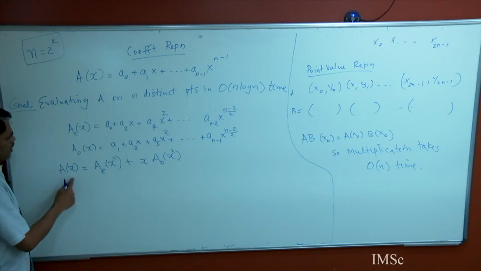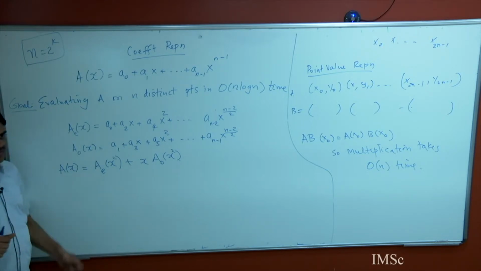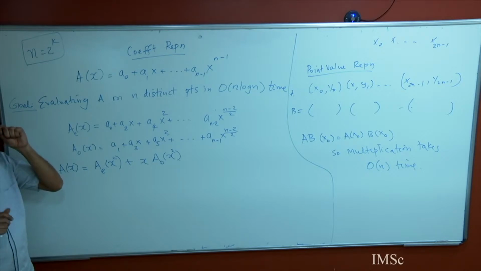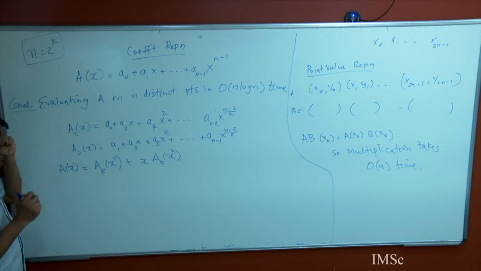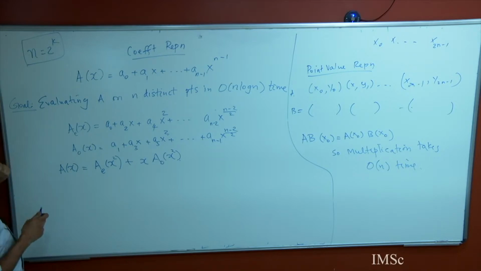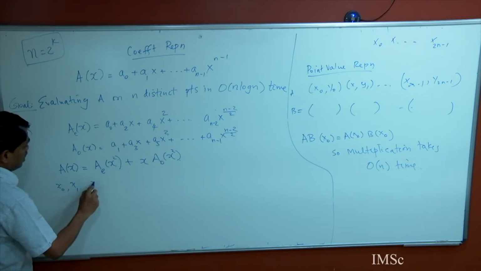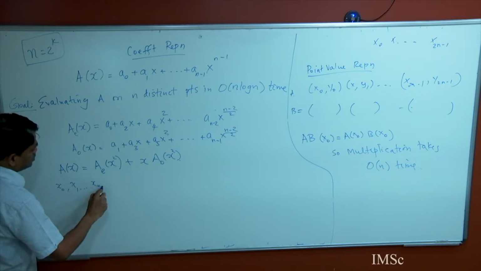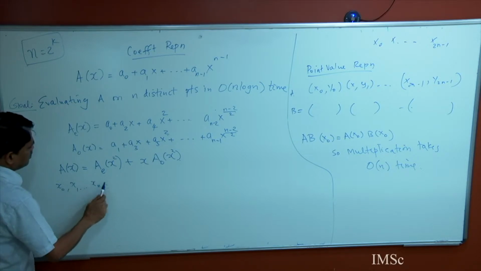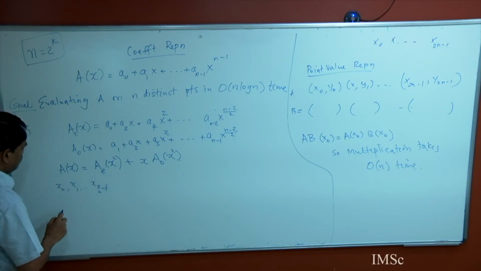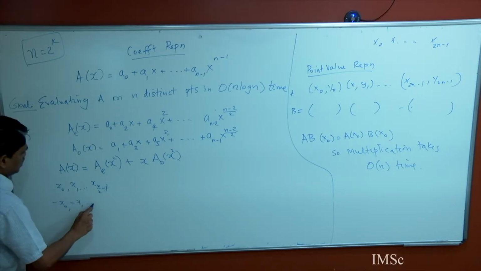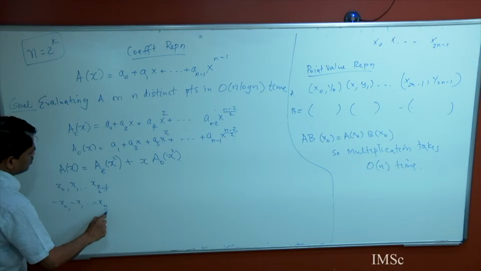Now, I have to evaluate A of x at some n different points. That is my goal, A at n different points. Now, suppose I choose my points as x0, x1, up to x n by 2 minus 1, and then minus x0, minus x1, up to minus x n by 2 minus 1.